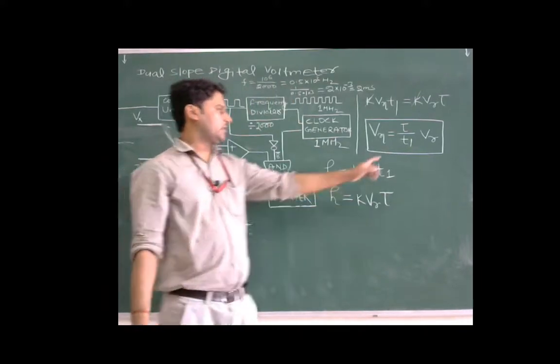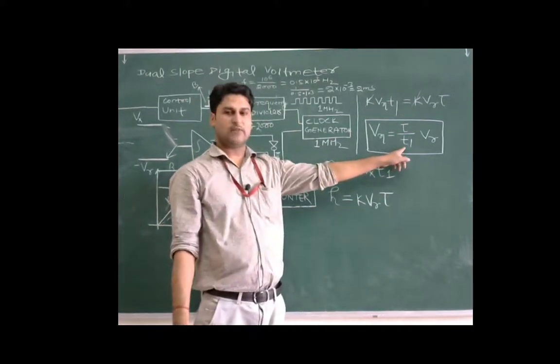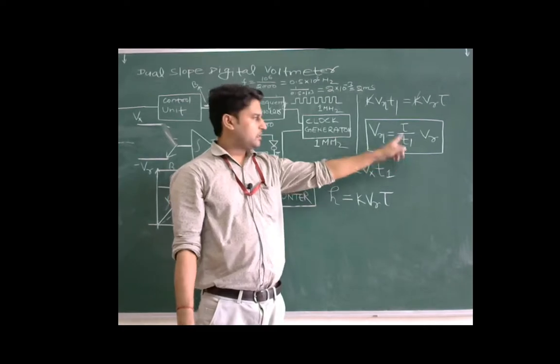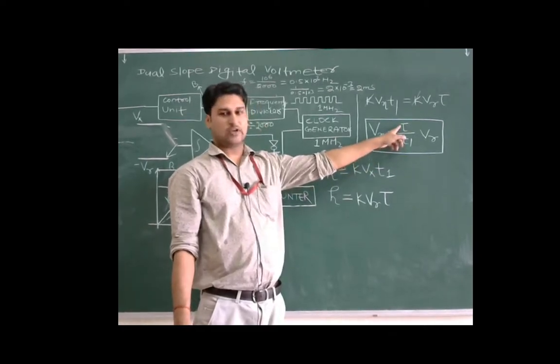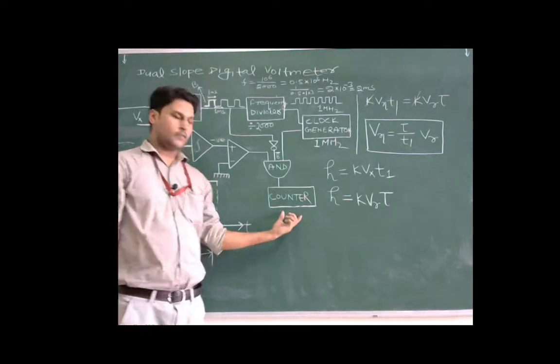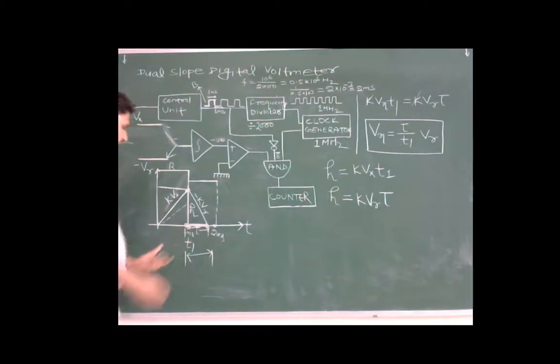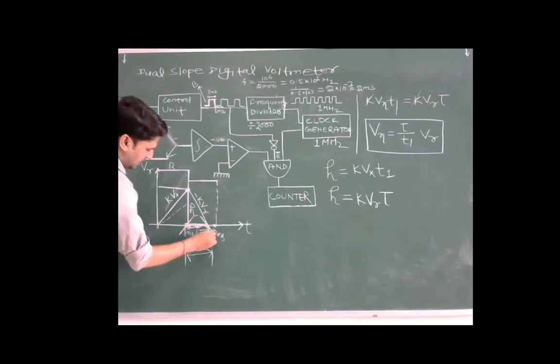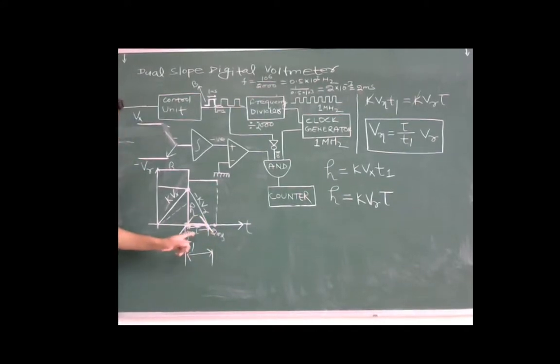This T1 is known to me. This is 1 millisecond. This tau I can calculate by using the value of the counter. The counter will start counting here and it will stop counting here.